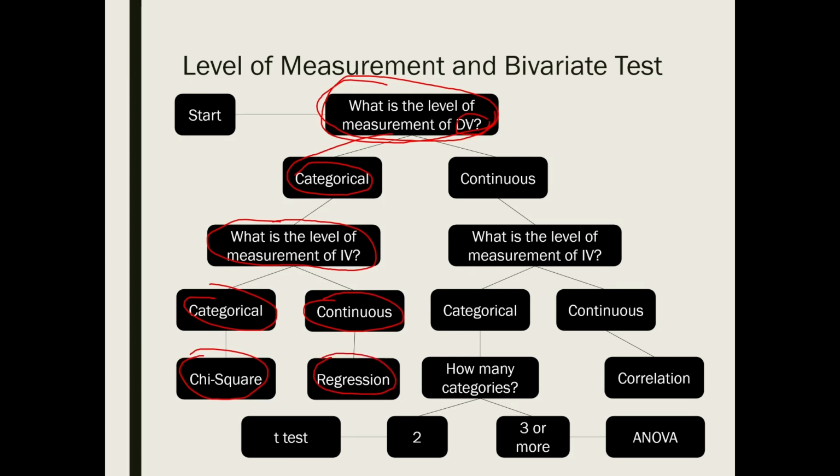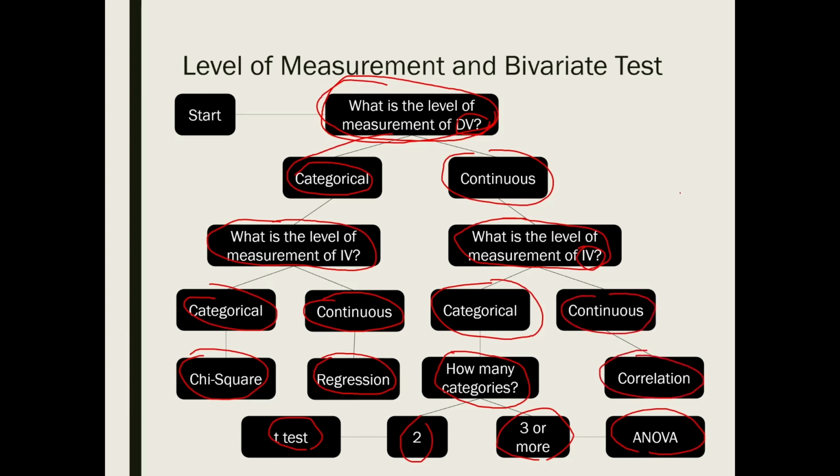Okay, so if the dependent variable is a continuous variable, again, you take a look at the level of measurement of the independent variable. If it's a categorical variable, then we decide how many categories are in this variable. If two, then we use the t-test. If there are three or more, we use the ANOVA. If the independent variable is also a continuous variable, we use the correlation.